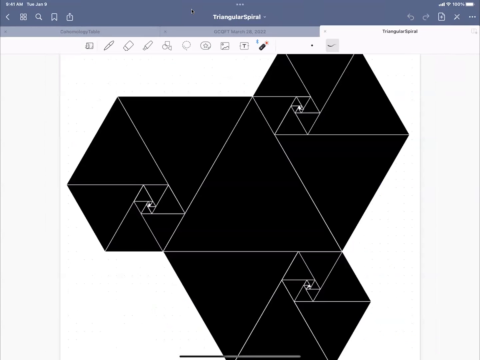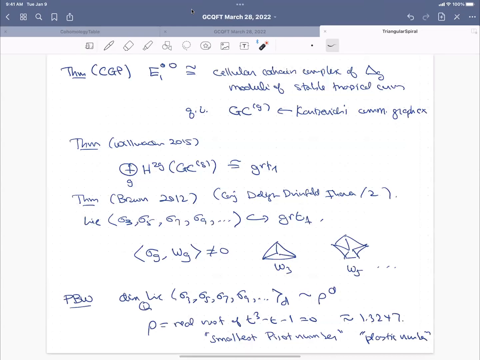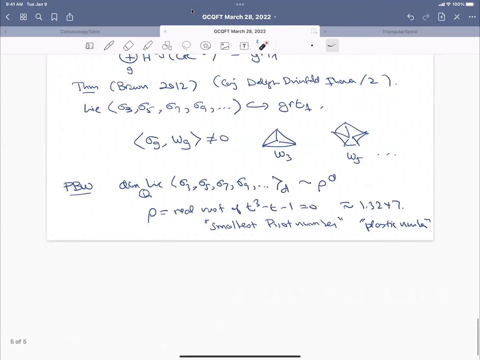And if you like this kind of Da Vinci Code type thing, if you take triangles with side lengths in ratio the smallest Pisot number, so this rho, 1.3247, then you can arrange them to form closed spirals. Okay, so that's a glimpse down that rabbit hole.